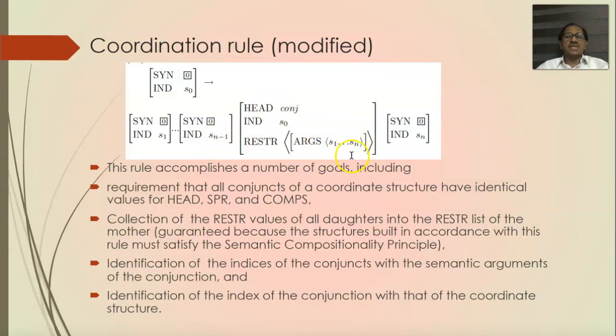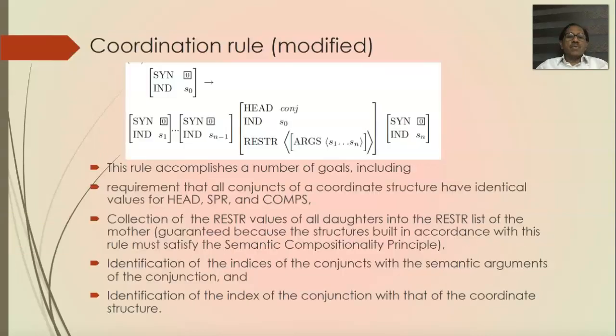Then the identification of the index of the conjunction with that of the coordinate structure: S0 is the conjunction's index, and S0 is again the index value of the coordinate structure. This is our coordination rule for the time being. We may change it later by adding some more features.